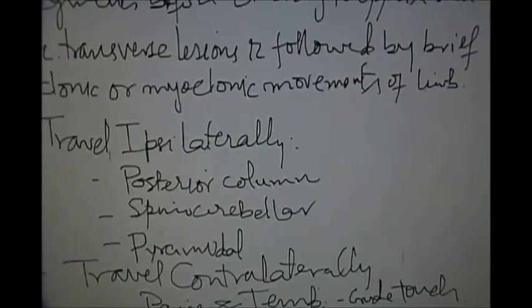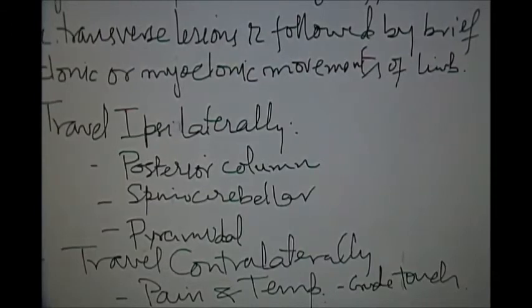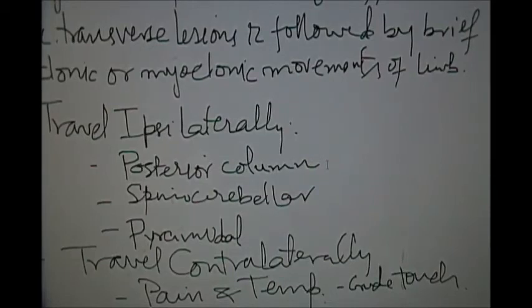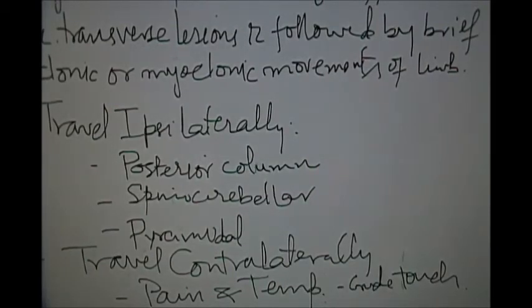What are the fibers that travel ipsilaterally? The fibers that travel ipsilaterally are the posterior column fibers. They travel ipsilaterally up to medulla with the relay in the nucleus cuneatus or gracilis. The spinocerebellar fibers, anterior and posterior, also run ipsilaterally.